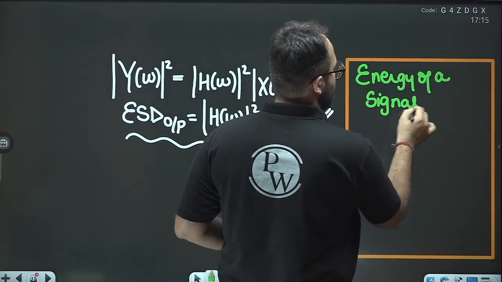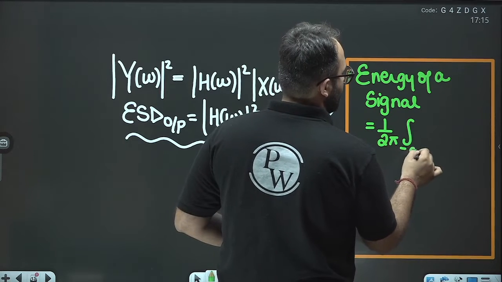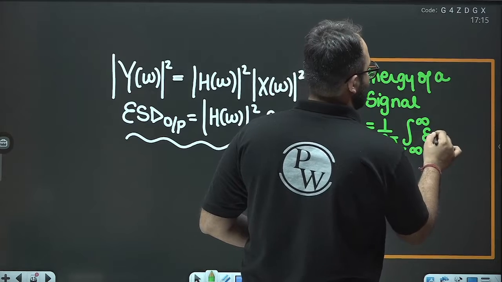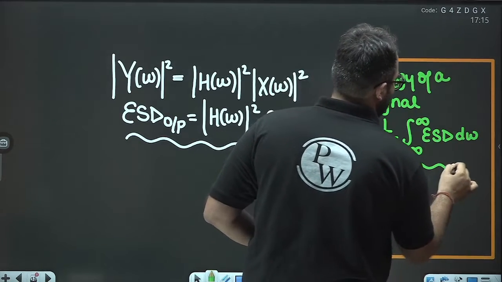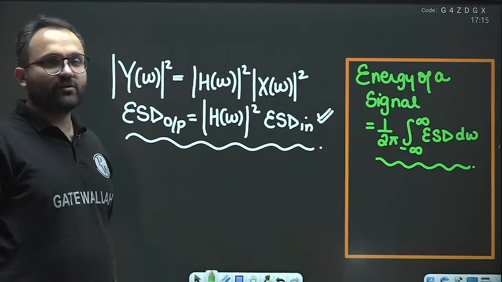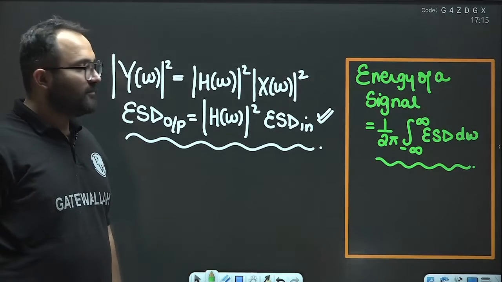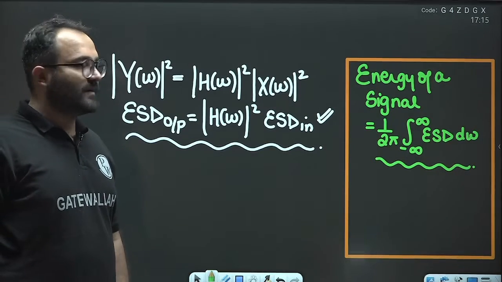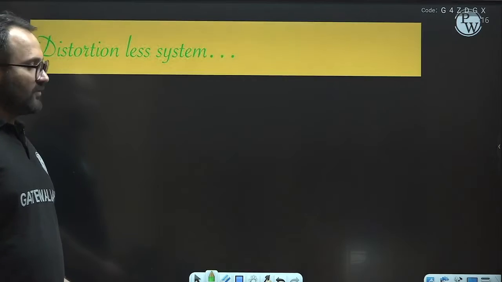Energy of a signal is equal to 1 upon 2 pi, integral from minus infinity to infinity of the energy spectral density of the signal d omega. Remember this. This is directly from Parseval's theorem only. So Parseval's theorem is also exactly similar to this. I think you all will remember this formula.